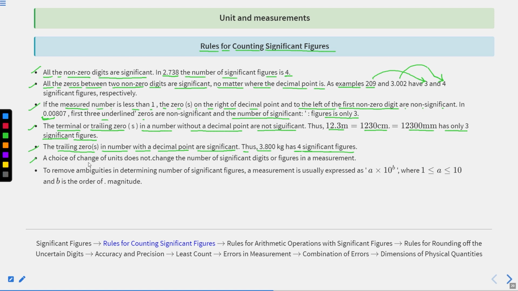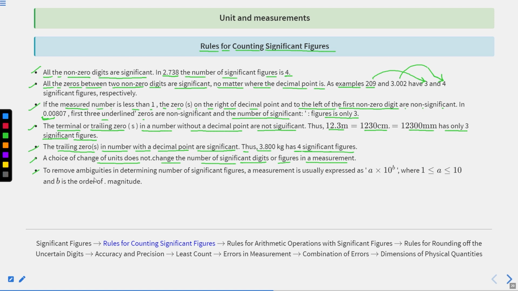A choice of change of units does not change the number of significant digits or figures in a measurement. Means if the unit of the system is changed, then the significant figures remain the same. Clear?